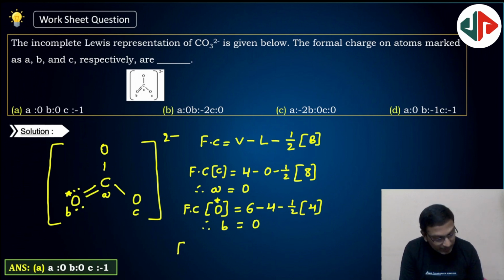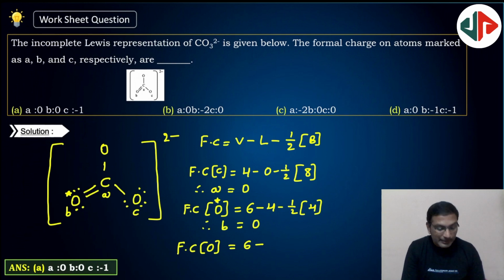Next, formal charge of one more oxygen. So here 3 lone pairs will be there. Number of valence electrons in oxygen atom 6. Next, lone pair electrons 6, minus half into just one bond, means 2 electrons.